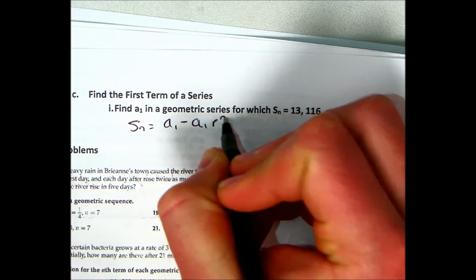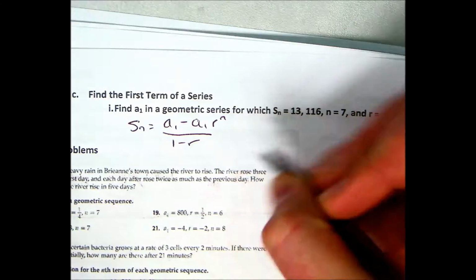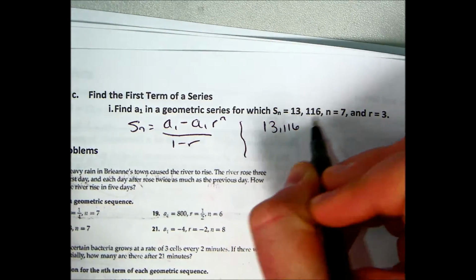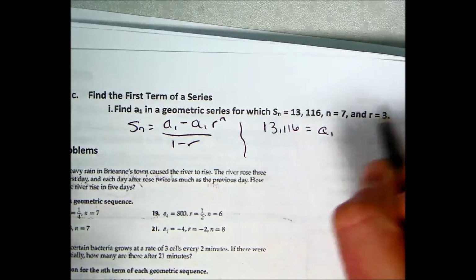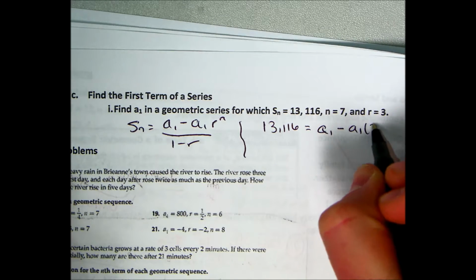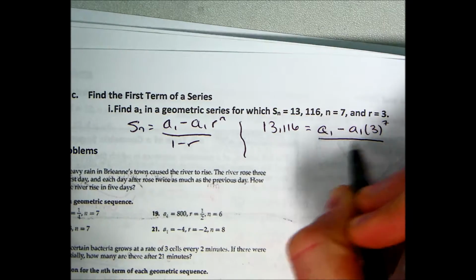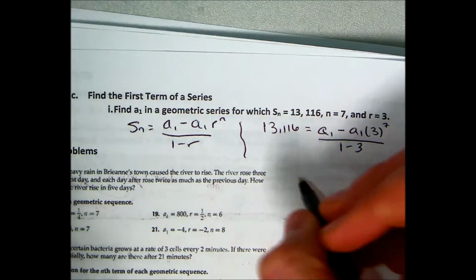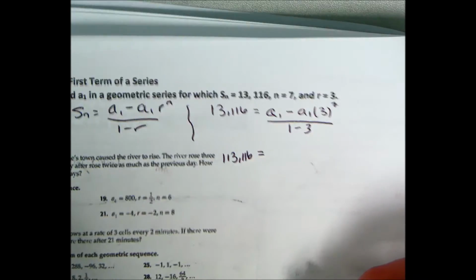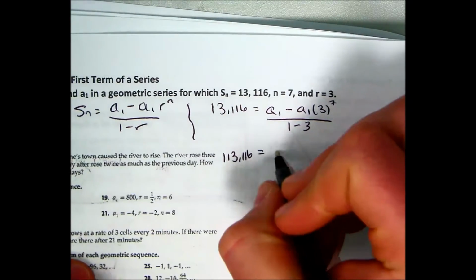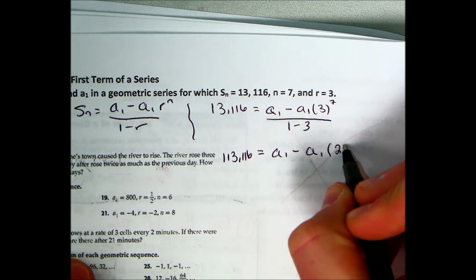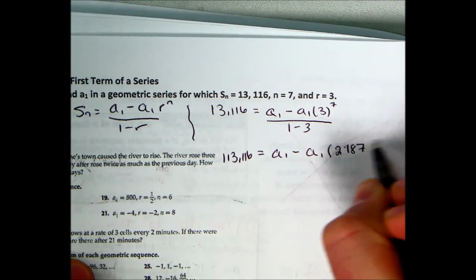You're then plugging in for Sn: 13,116 equals, we don't know what the first term is, so we're just going to leave it as a1 minus a1 times 3 to the 7th, all divided by 1 minus 3. So on the left side, that just drops down. You now have a1 minus a1 times 2,187, all divided by -2.